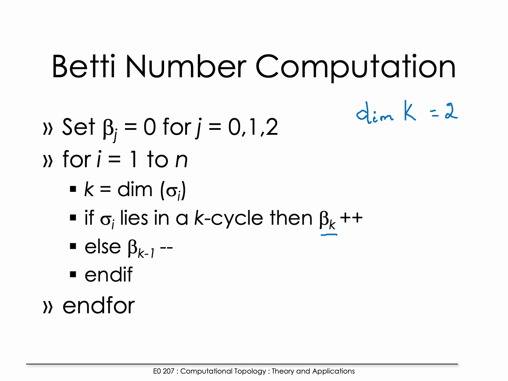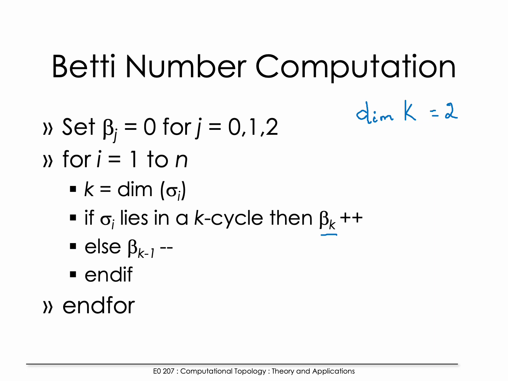We saw that if this is not true, then one of the homology classes of the k minus 1 dimension is now destroyed, because the simplex sigma sub I forms the boundary of the corresponding k minus 1 cycle, and hence the rank of that homology group reduces by 1.